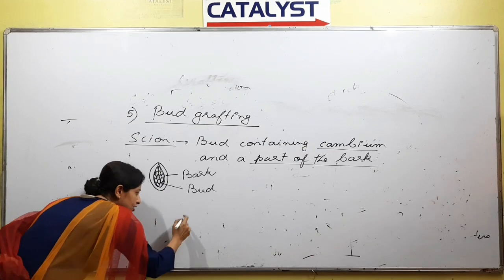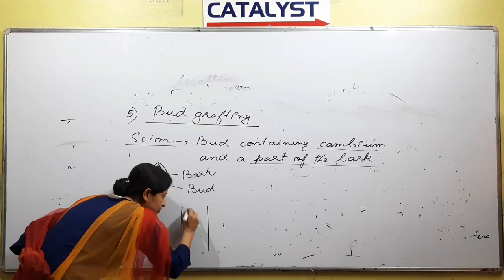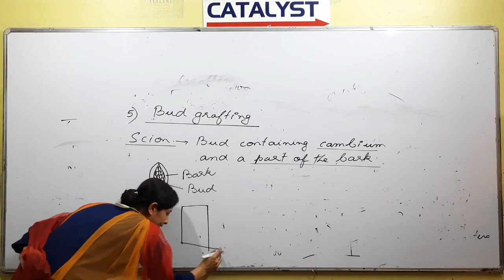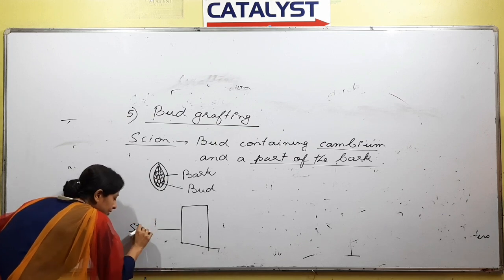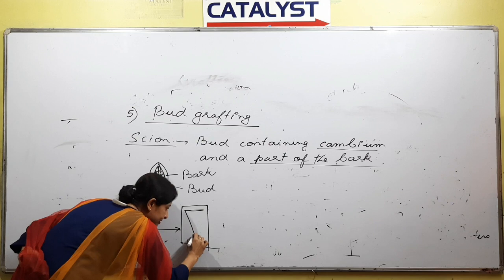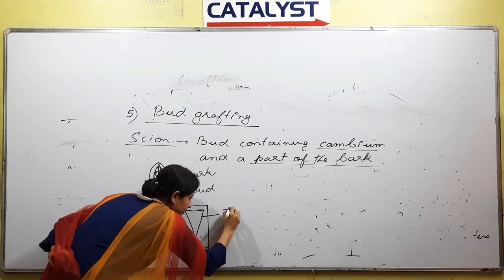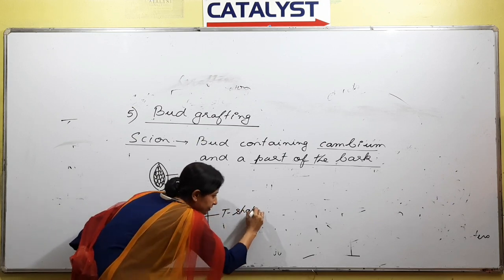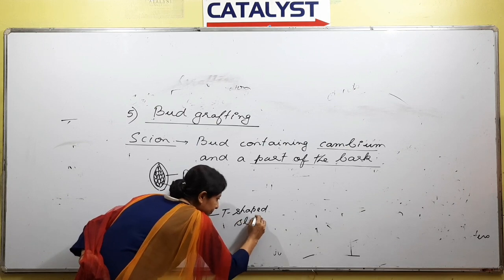So how do we do the process? Suppose we have a stalk like this. This is your stalk. In this stalk we make a T-shaped slit. T-shaped slit, right?